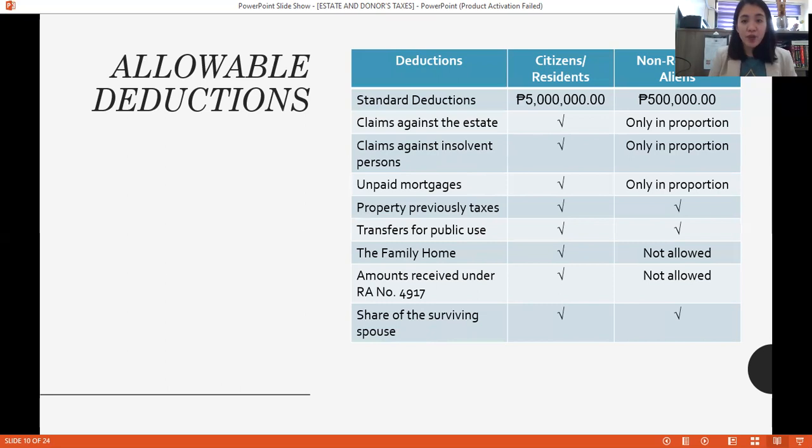Then, unpaid mortgages, meaning, ito yung mga utang ni decedent na like, may sinangla siya na real property or personal property, tapos hindi niya nabayaran, namatay na lang siya. So, pwede nating i-deduct yung unpaid na mortgage liability, provided yung value ng property mortgage kasali siya sa gross estate. Do not forget that.